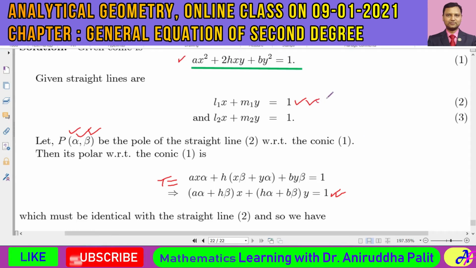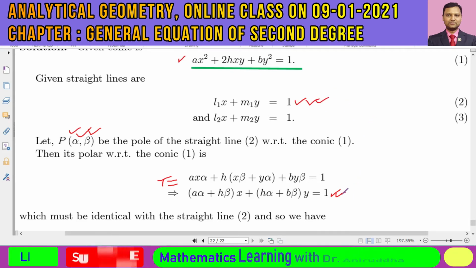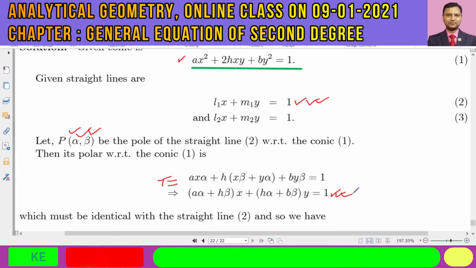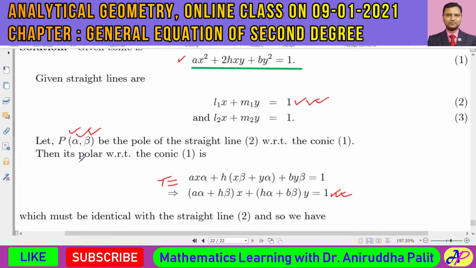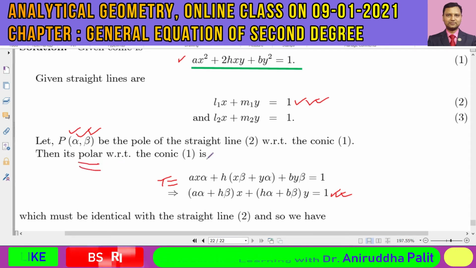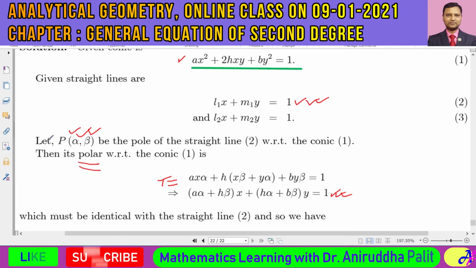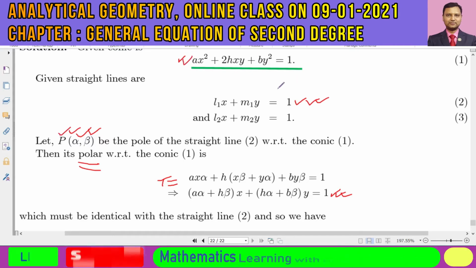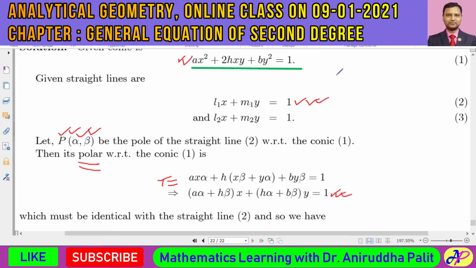And therefore both of these two straight lines are representing the same polar line of this point P with respect to this conic 1.